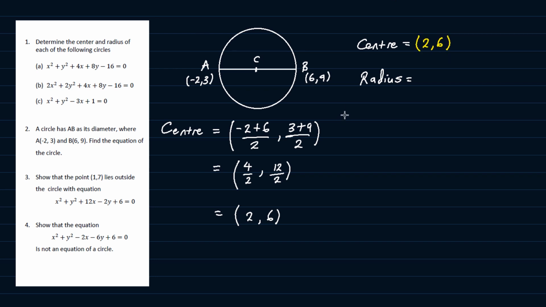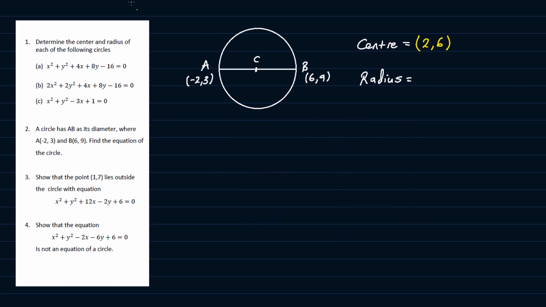Let's find the radius. For the radius, we can use the coordinates of the center. You see we got 2, 6. So we can use A and C to find the radius. That's the length of a line joining 2 points. So we're saying radius is equal to AC.